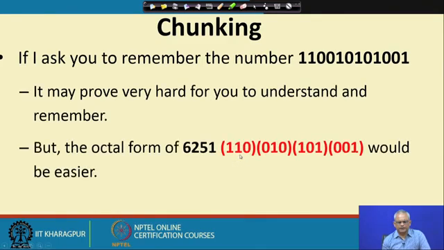But if we group these into 3 and I give you the octal form, 6251, then it becomes easy for you to remember, because the short term memory can easily remember about 7 items, and anything more than 7 there is an exponential increase in effort to remember.